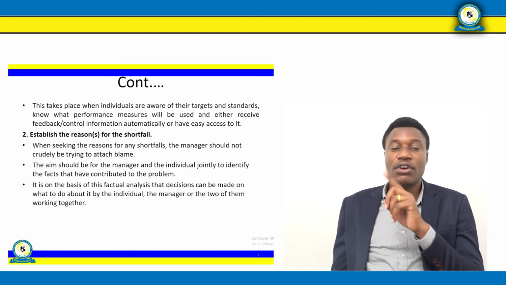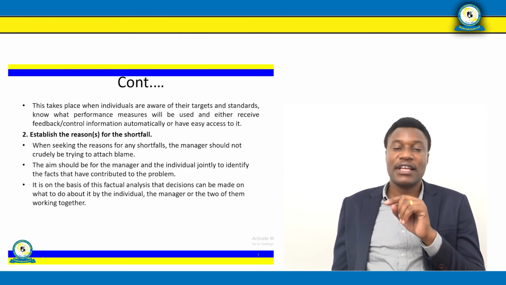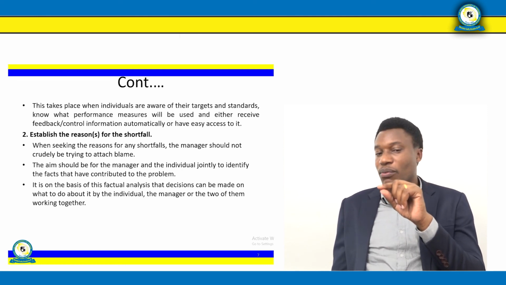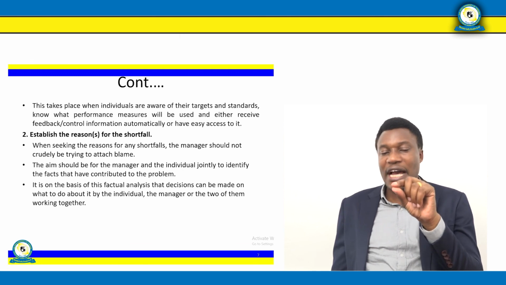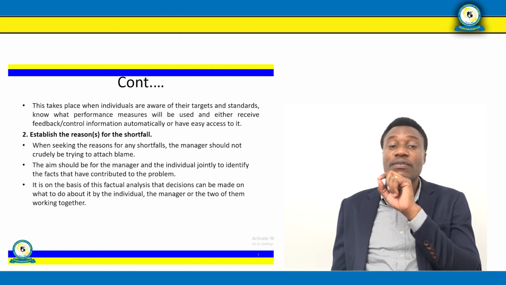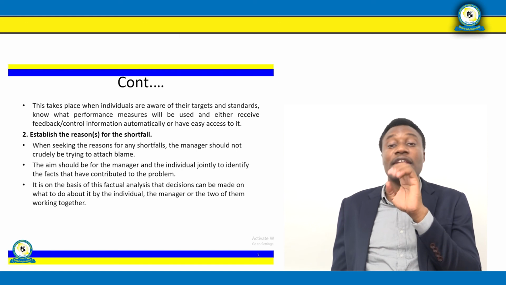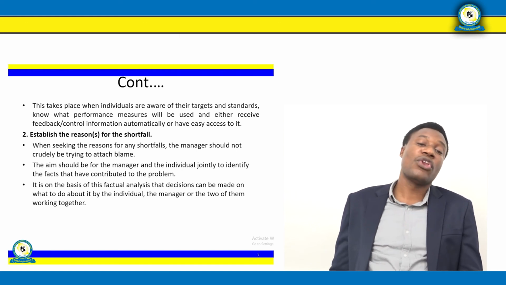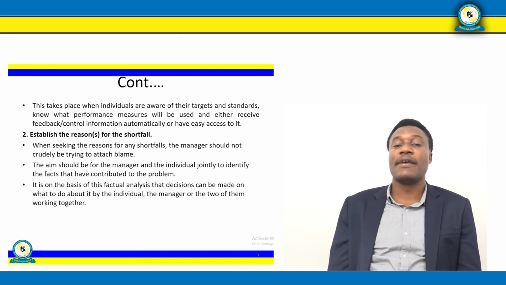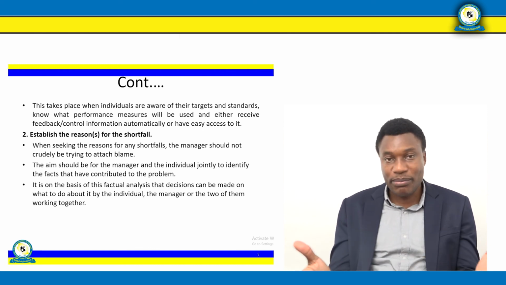The aim should be for the manager and the individual jointly to identify the facts that have contributed to the problem. What fact has made this person underperform? It is on the basis of this factual analysis that decisions can be made on what to do about it by the individual, the manager, or the two of them working together. Thus create the sense of ownership. We own the problem together.